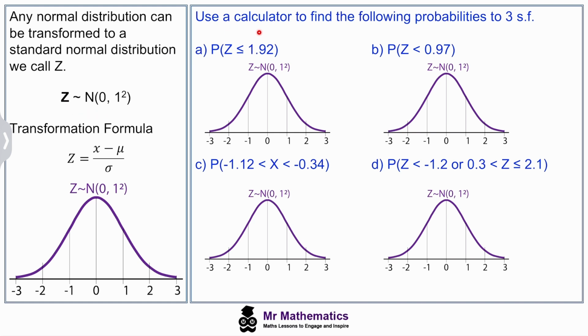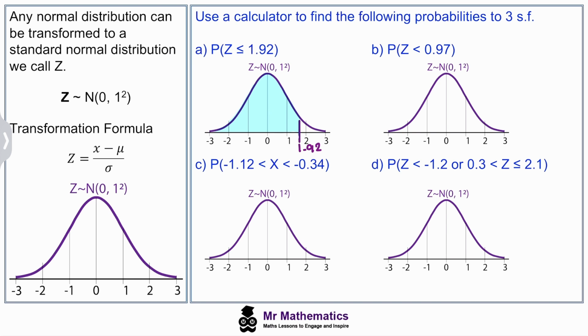So we've been asked to use the calculator to find the probabilities to three significant figures. So for part A, the probability of a random variable z being less than or equal to 1.92. If we show this as an area on our diagram, we've got the z value of 1.92, which I'll label here. What we're trying to find out is the area of this shaded region.